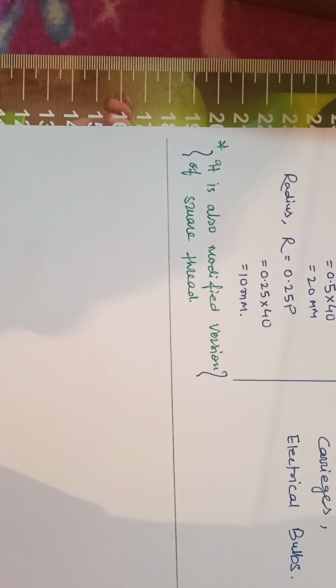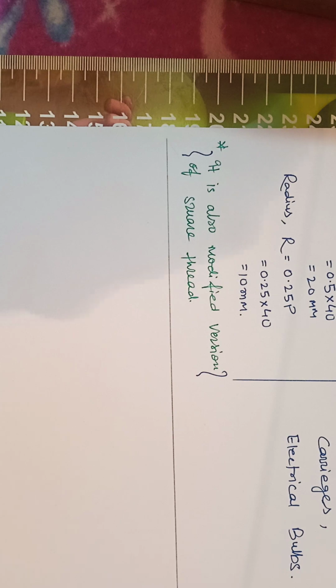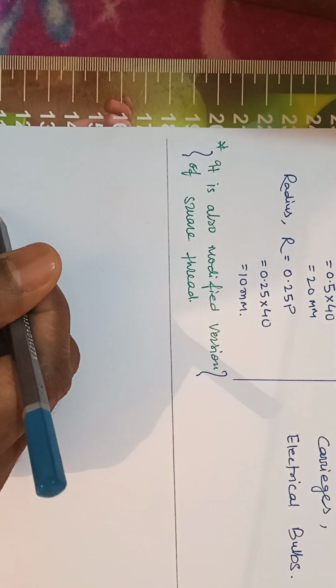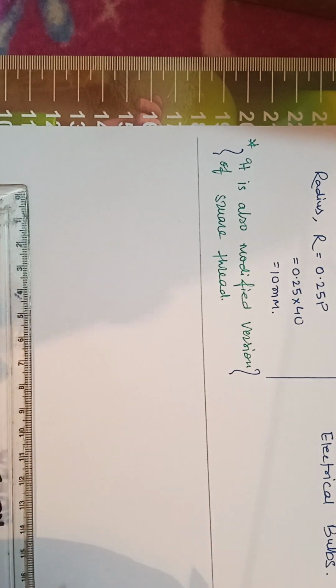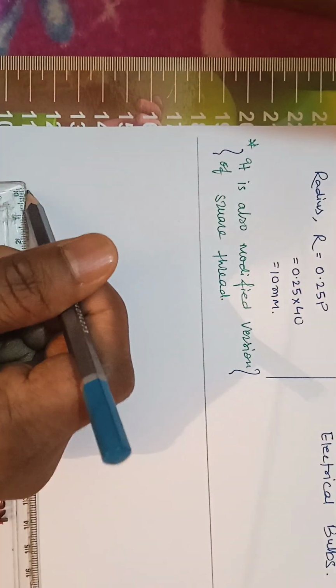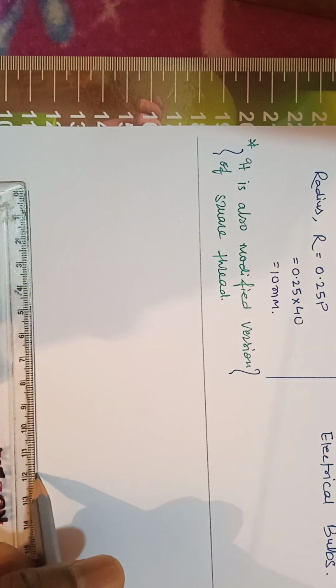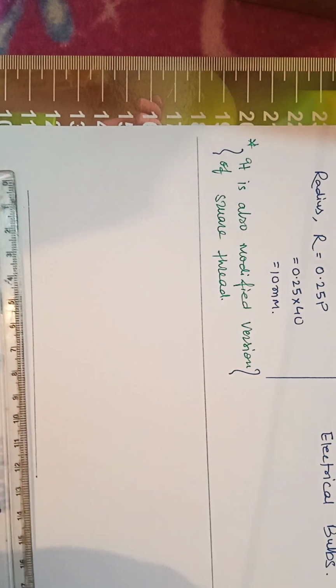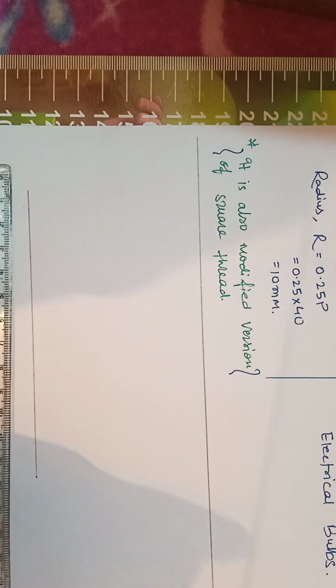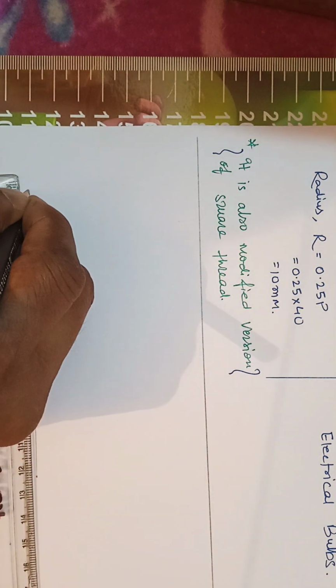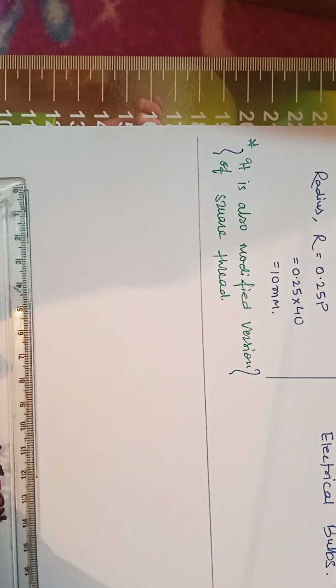So now we will draw the knuckle thread. Again, draw a line of 120 mm with the help of a scale. Now divide this line as per the previous practice.